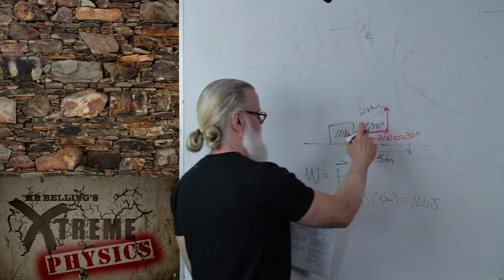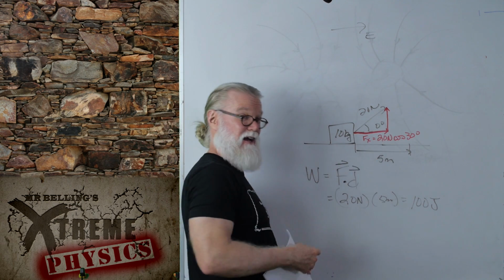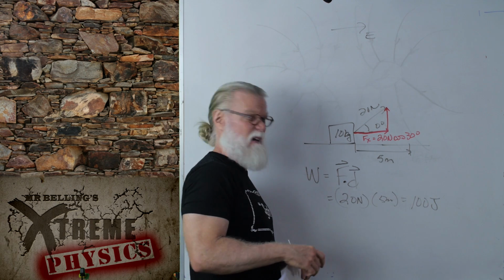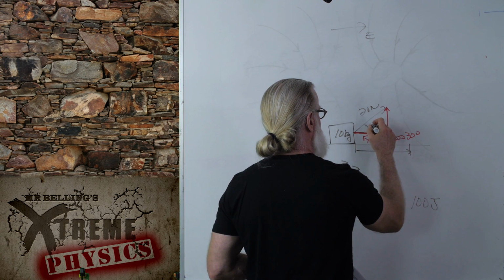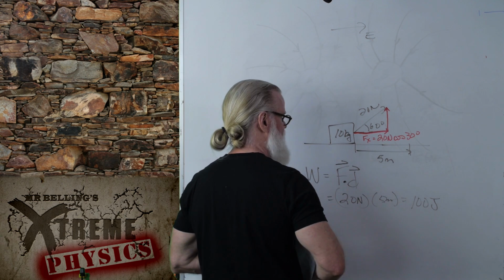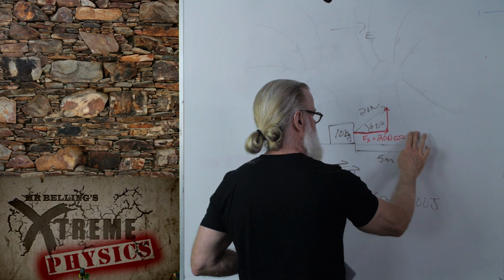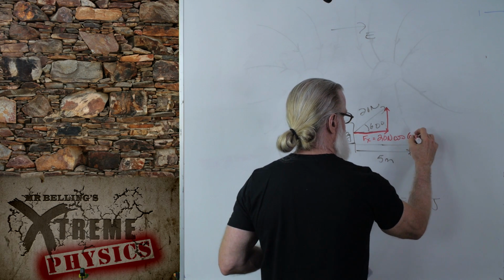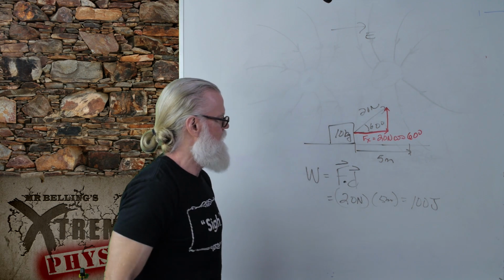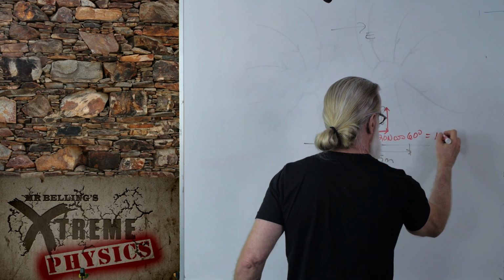I'm going to make it easier on myself, because I don't feel like pulling out my calculator. Let's say 60 degrees. Just made my life easier. Why? Because the cosine of 60 degrees is 0.5. All right, I believe that's 10 newtons.